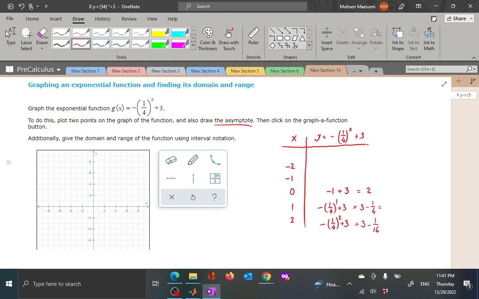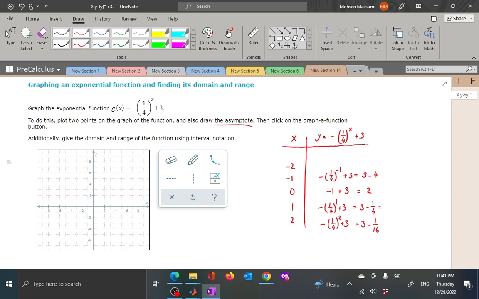And same way here, so I'll have minus a quarter to the power of -1 and then plus 3. Well, how does that work? 1/4 raised to the power of -1 simply means you're flipping this fraction, so it becomes 4. And then that has to be subtracted, so this is 3 minus 4.